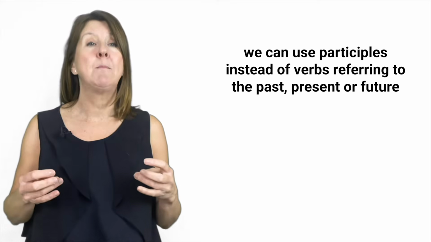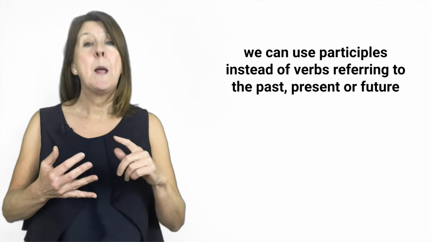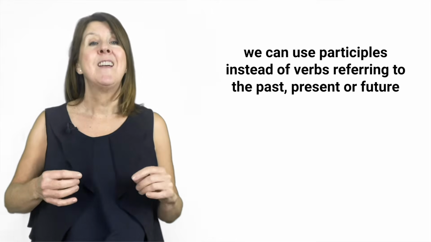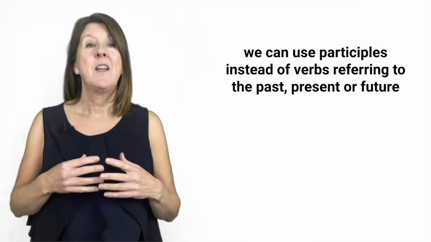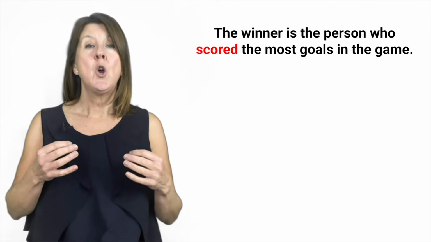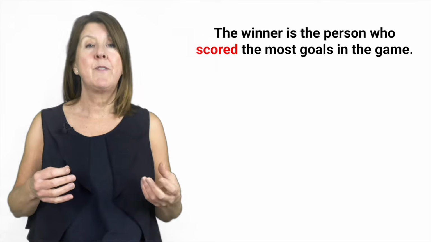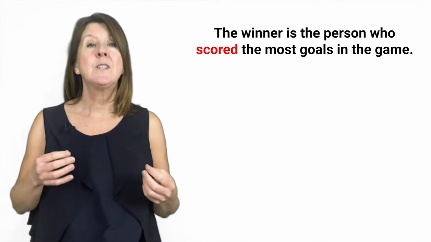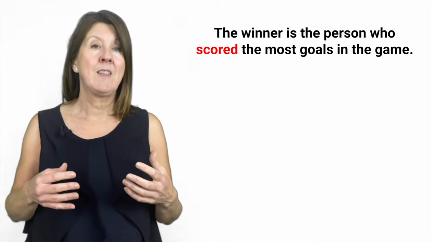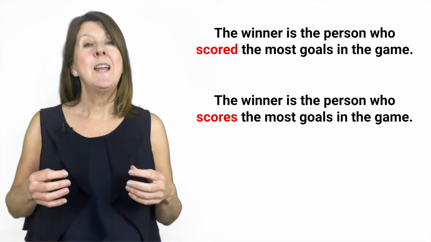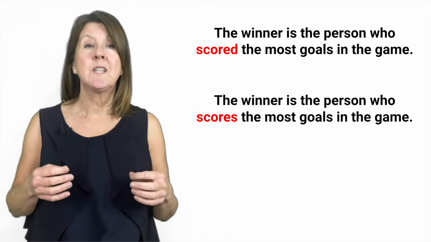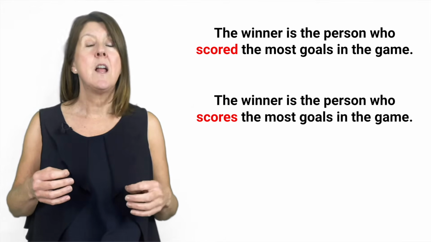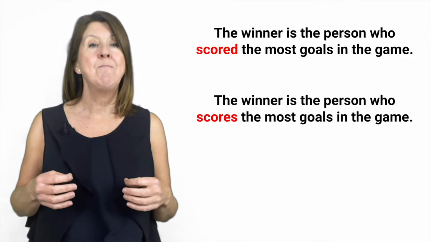We can use participles instead of verbs referring to the past, present or future. For example, the winner is the person who scored, here this refers to the past, the most goals in the game. Or, the winner is the person who scores, here this refers to the present, the most goals in the game.